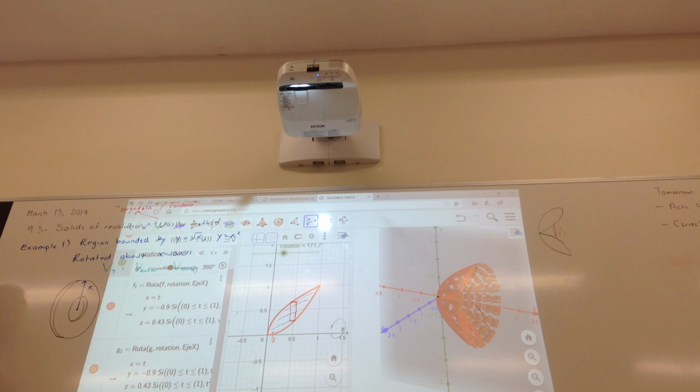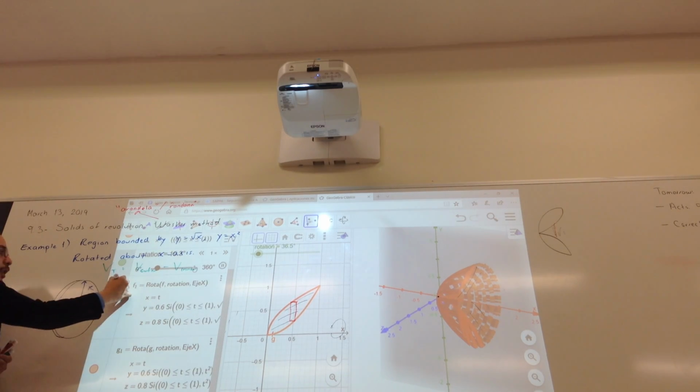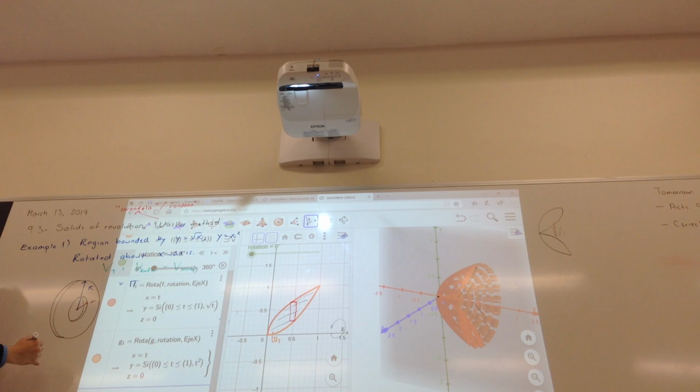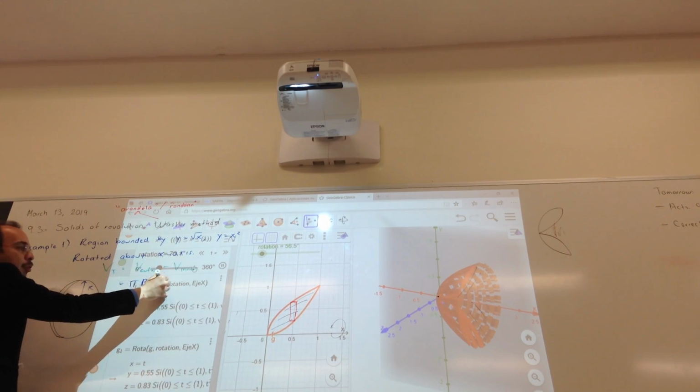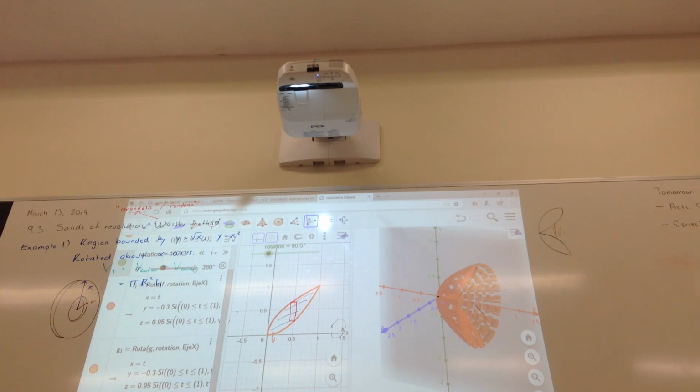And then from the center to the rim of the hole, there is a small radius. So to calculate the volume, it will be pi times what? Times radius squared times the height or the width of this. This is the width, or height.